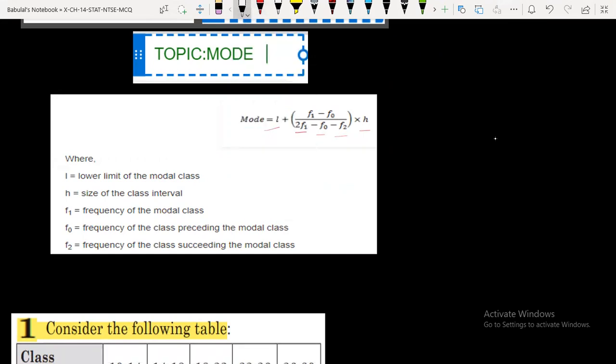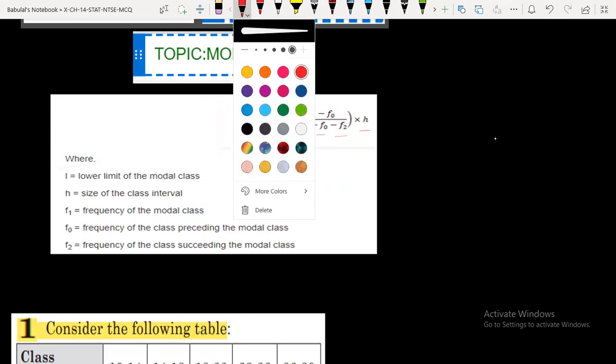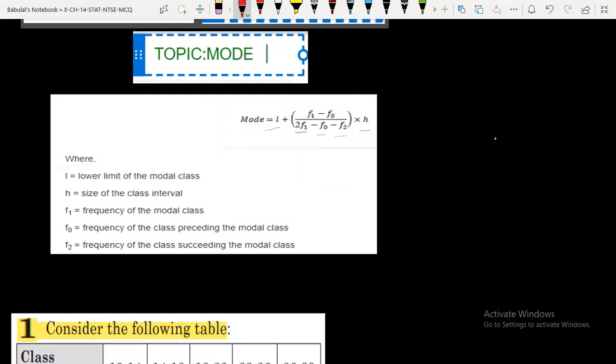L is the lower limit of the modal class, H is the size of the class interval, F1 is the frequency of the modal class, F0 is the frequency of the class preceding the modal class, and F2 is the frequency of the class succeeding the modal class. These are the symbols L, F1, F0, F2, and H.